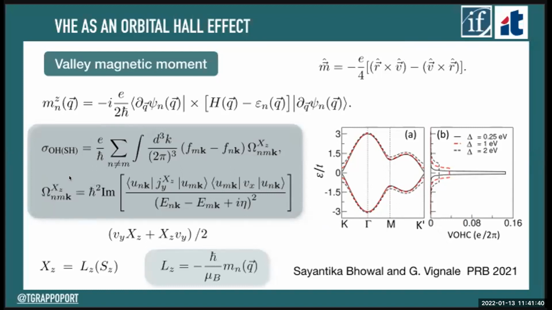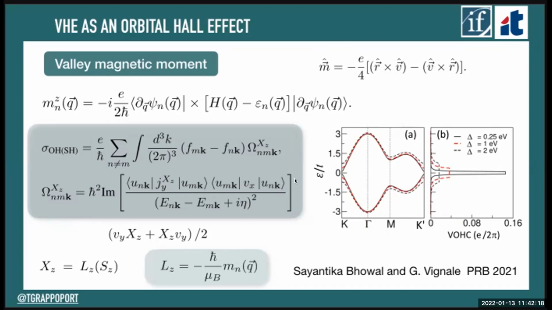We can use the same methodology that I was discussing before, but instead of using my atomic orbital angular momentum for the current operator, we can use an angular momentum that's defined through the magnetic moment of the modern theory of magnetism. And using the same methodology, I believe we are capturing the two contributions, for example, in the case of the TMD.